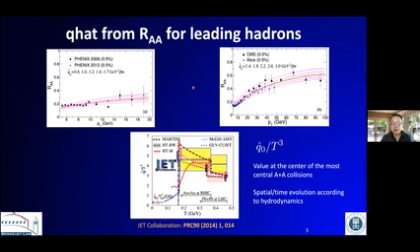We concluded that one can extract q-hat, in particular the initial value of q-hat at the center of the most central collisions, at both LHC energy and RHIC energies here. This is, of course, very large compared to what you can expect from cold nuclear matter, which is about 100 times smaller.